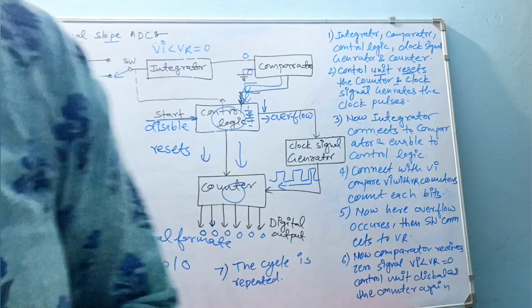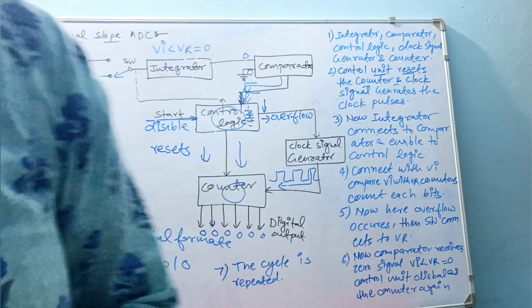Now in the fourth point, here is how comparators compare the non-inverting and inverting terminals. Here Vr is the reference voltage that creates a drop across resistor R. Now it creates a current or voltage drop across the inverting terminal.